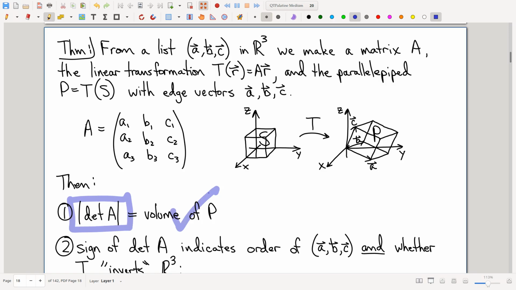Of course, because the size of a 3-dimensional thing is not described by a 2-dimensional quantity. We use area as a 2-dimensional quantity to understand how big 2-dimensional things are. We use volume as a 3-dimensional quantity to understand how big 3-dimensional things are. So this is the analogous claim, the volume of that parallelepiped.